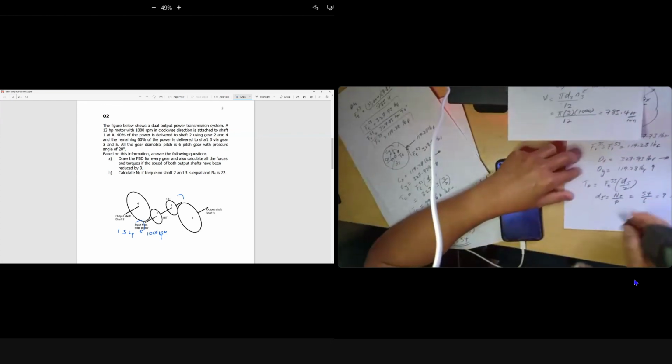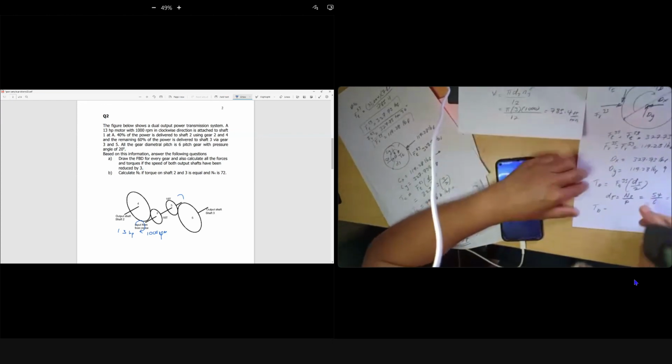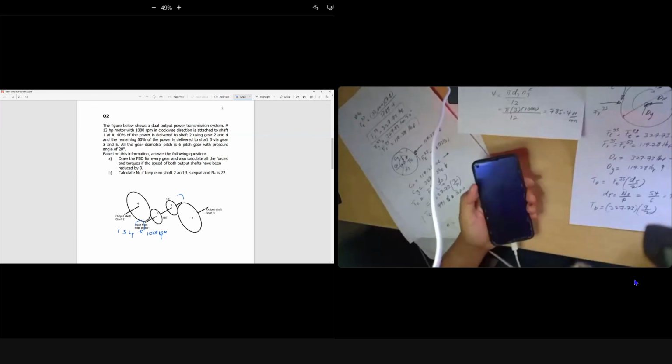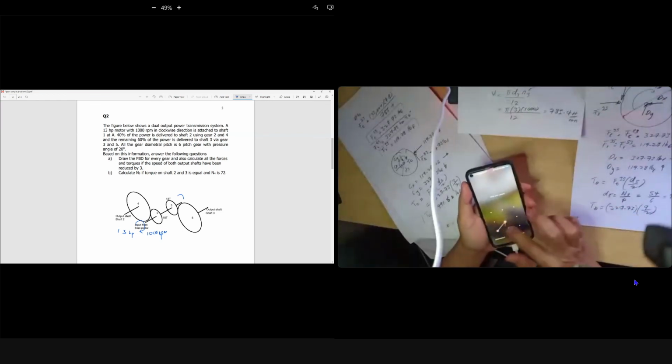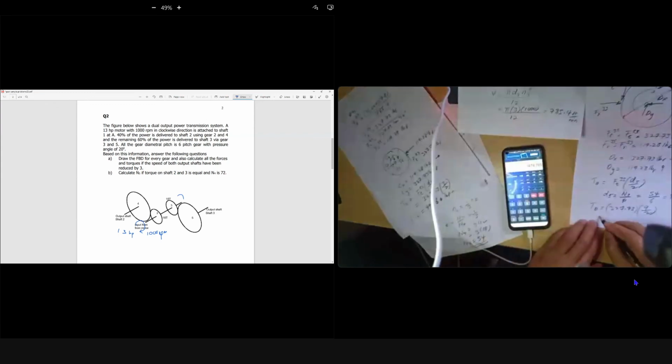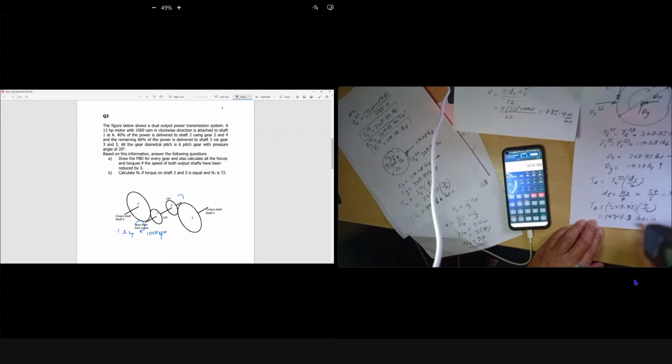Diameter 5 is 9 inch, so your torque D is F tangent 327.73 pound force times 9 over 2, times the radius. Okay, 327.73 times 4.5 is 1474.8 pound force inch. Okay.